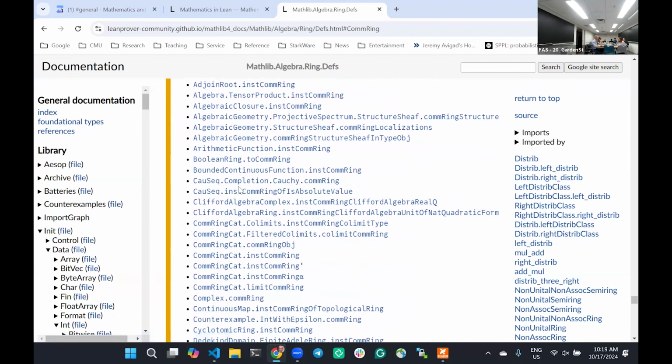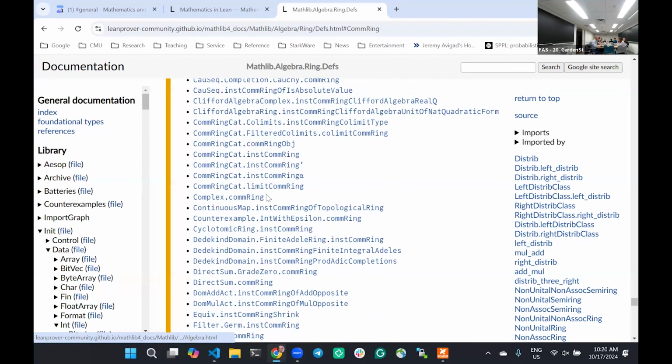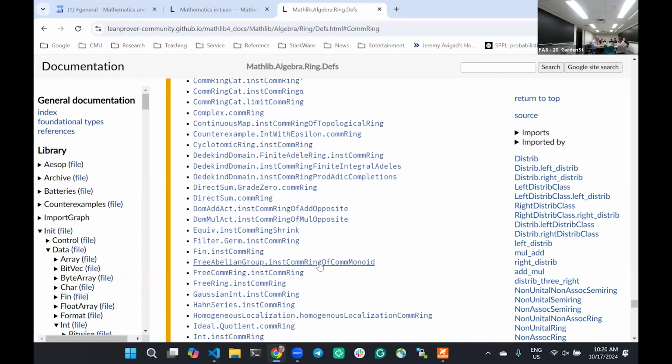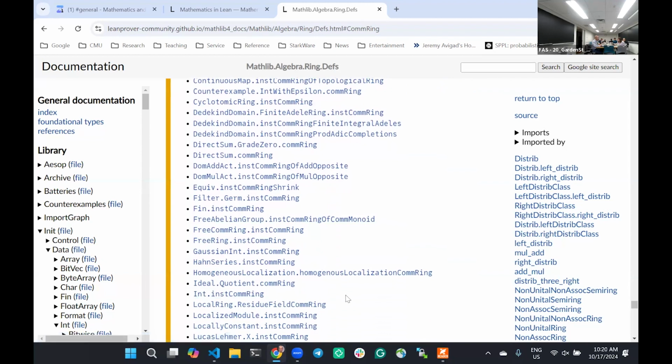If you take the Cauchy completion of a commutative ring, so presumably one that has some notion of metric, some notion of distance, if you take an appropriate completion, you again have a commutative ring. I think this means that the complex numbers are a commutative ring, and so on and so forth.